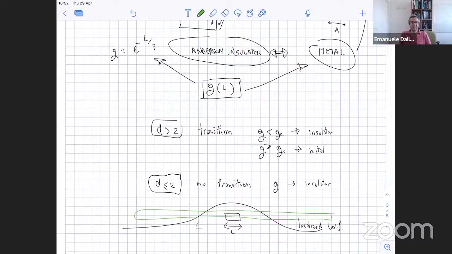What is this flow telling us? It tells us that when you increase the system size more and more, you start feeling the exponential suppression, and eventually you always end up in an insulator. Okay, so this is what I wanted to tell you.